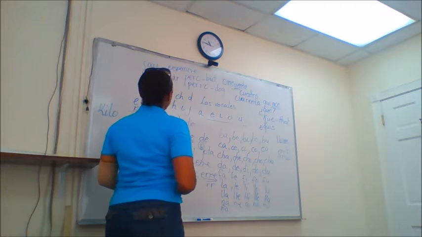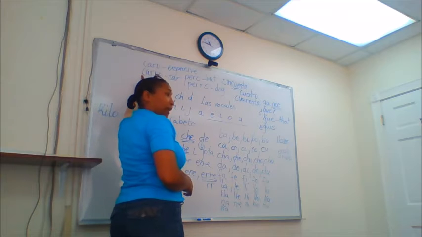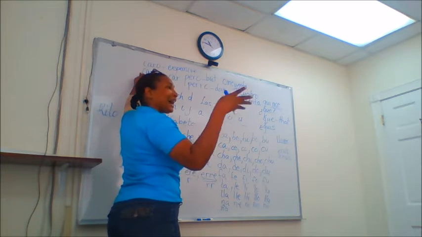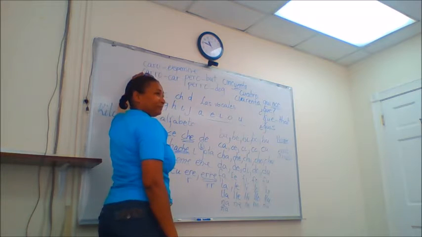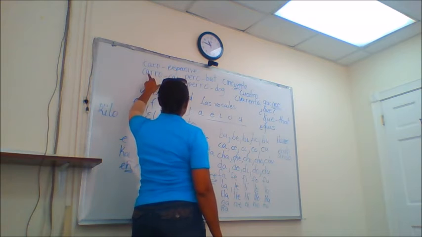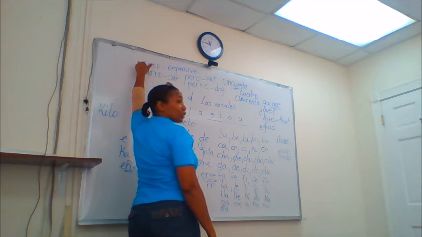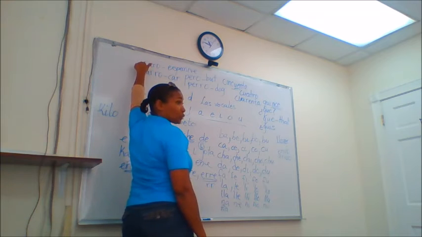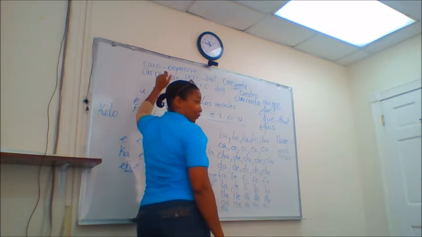Can you say that? The car is expensive. Un carro muy caro. But we use the noun, then the adjective. In Spanish, you always say the noun, then the adjective to do your descriptive word, to describe.